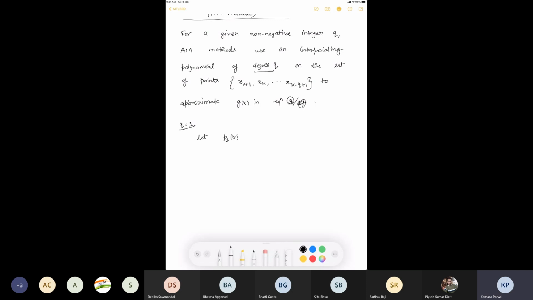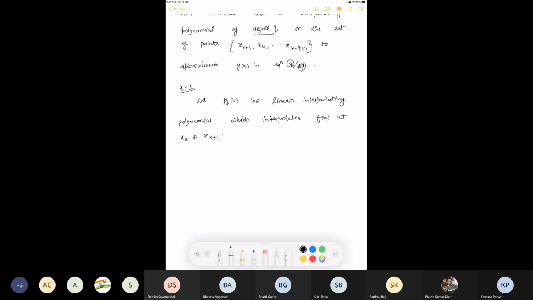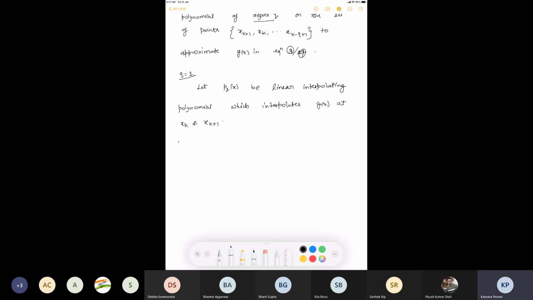So let p1(x) be the linear interpolating polynomial which interpolates g(x) at xk and xk plus 1.